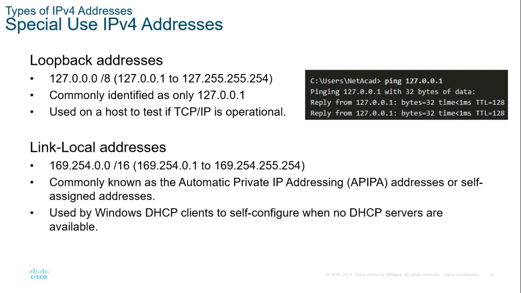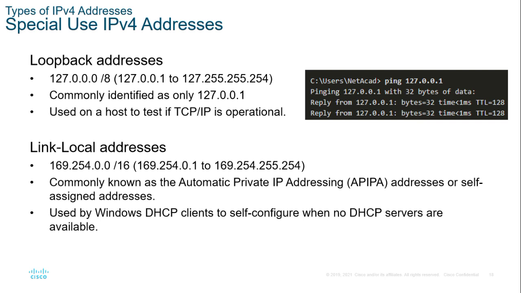It is commonly identified as only 127.0.0.1. It is used on a host to test if TCP/IP is operational. In the example, you go to the command prompt and type ping 127.0.0.1 and the result will appear below.